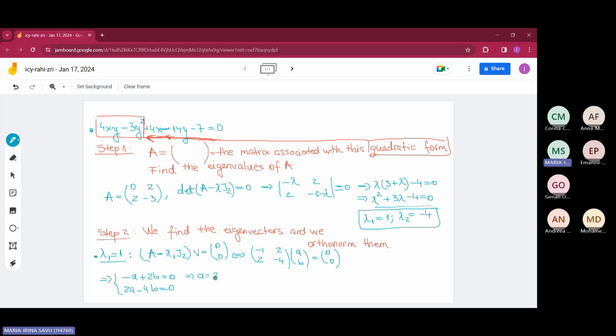So a is 2b. So V is (2b, b), which is b times (2, 1). We denote by V1 this vector, (2, 1).